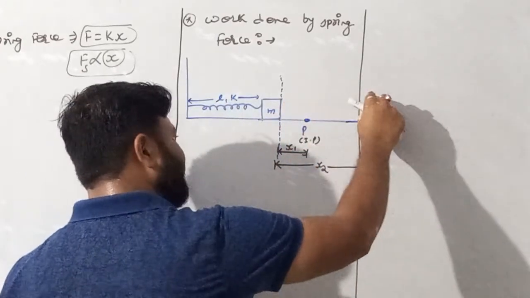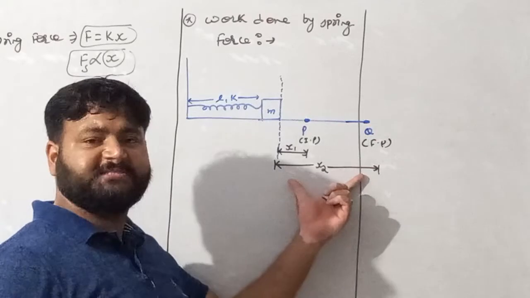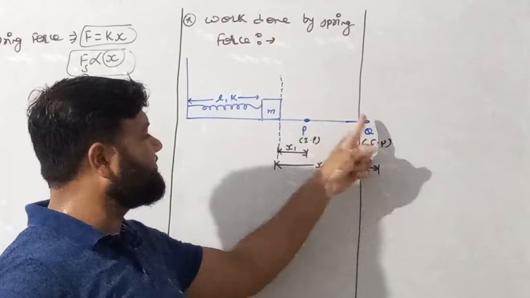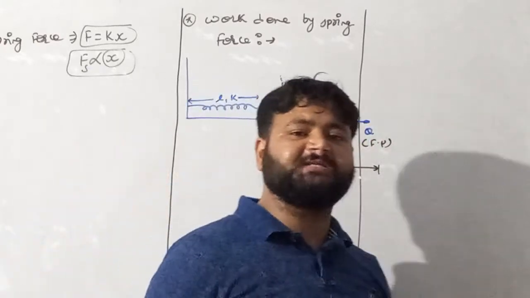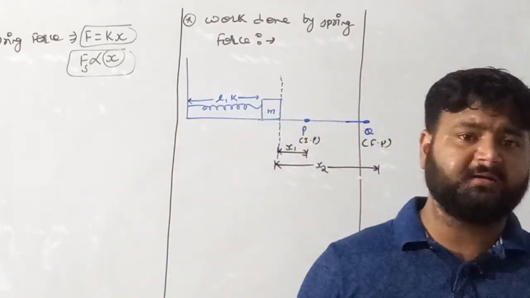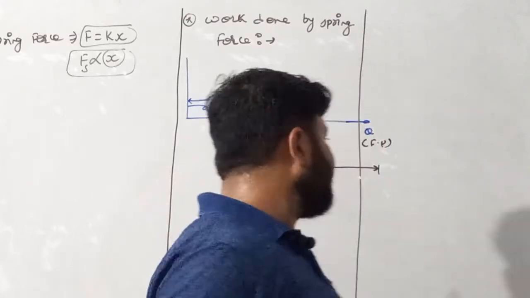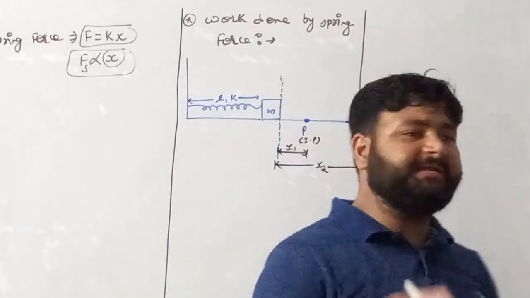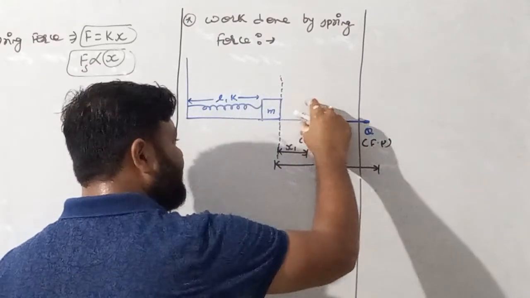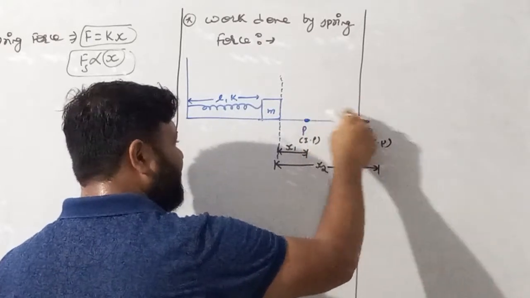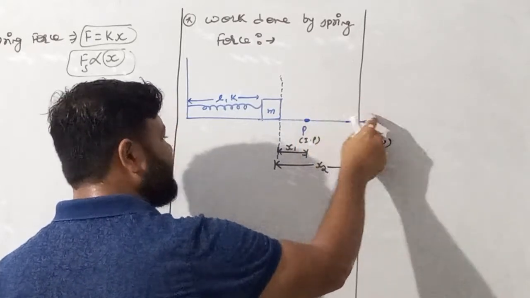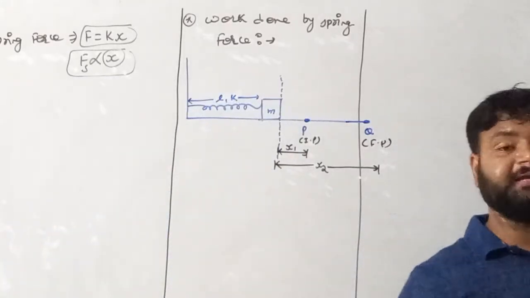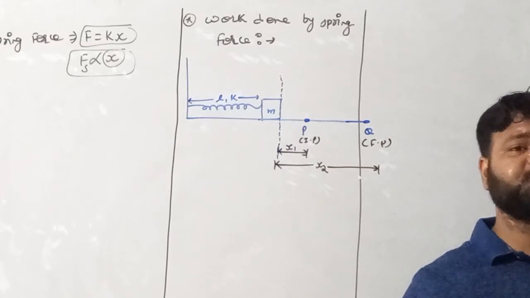If the block is taken to point Q, this distance is x2, meaning the spring is elongated by x2, so the force applied on the block is F is equal to Kx2. Between points P and Q, the spring force continuously changes. Hence the value of spring force is variable.